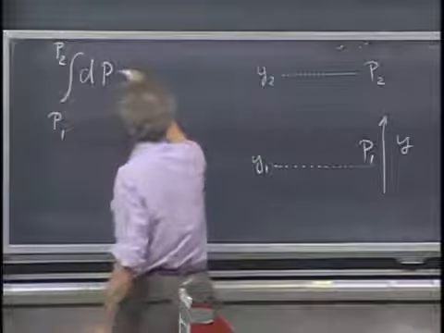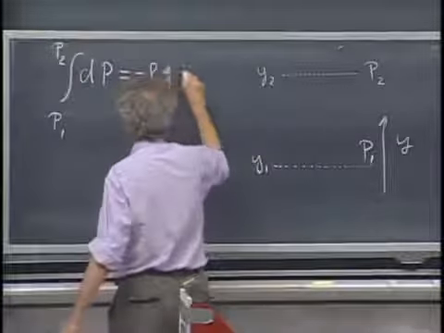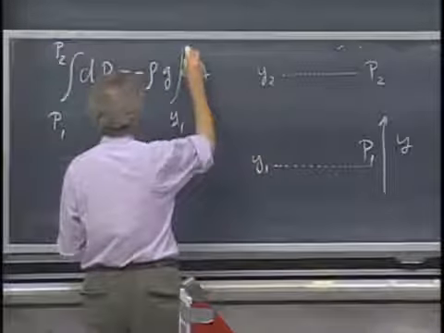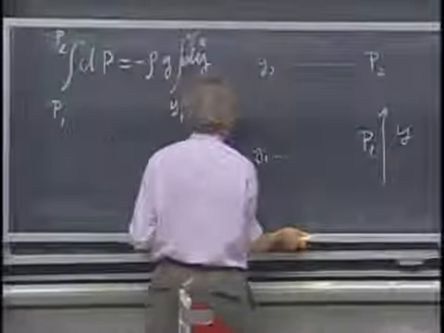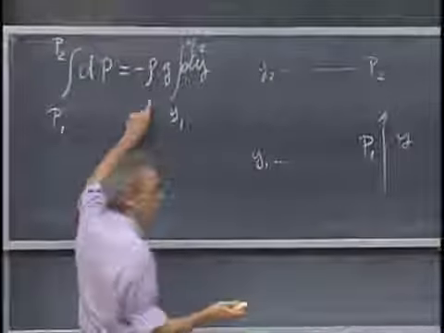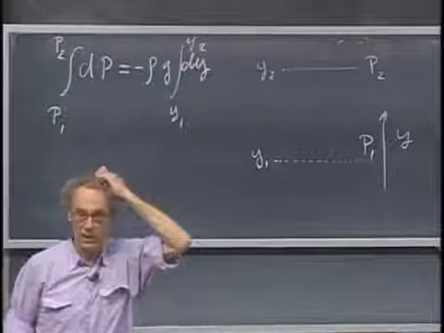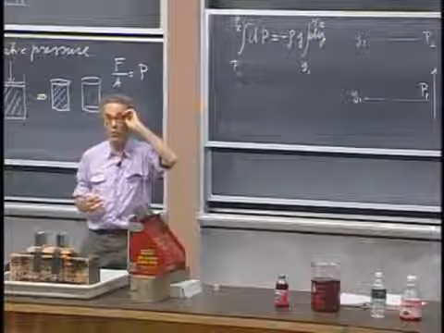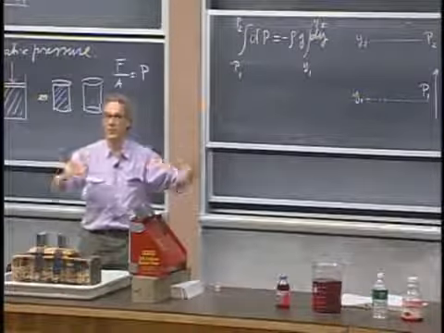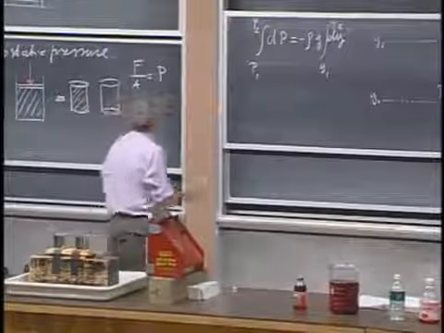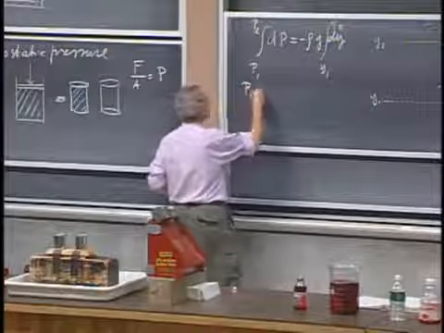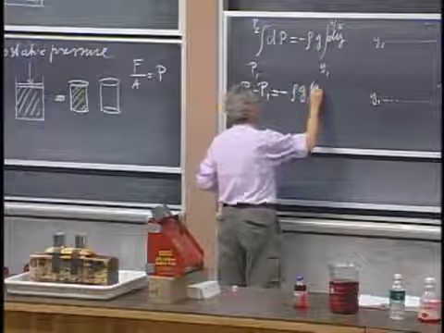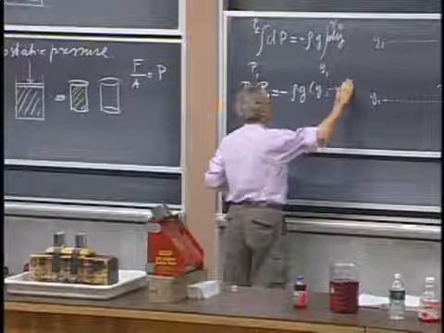And that equals now minus rho g dy, integrated from Y1 to Y2. So that's now a trivial integral because rho is constant. Rho is not a function of Y. With the atmosphere of the Earth, that's more difficult because rho is a function of altitude, but not with liquids. And so we get that P2 minus P1 equals minus rho g times Y2 minus Y1.